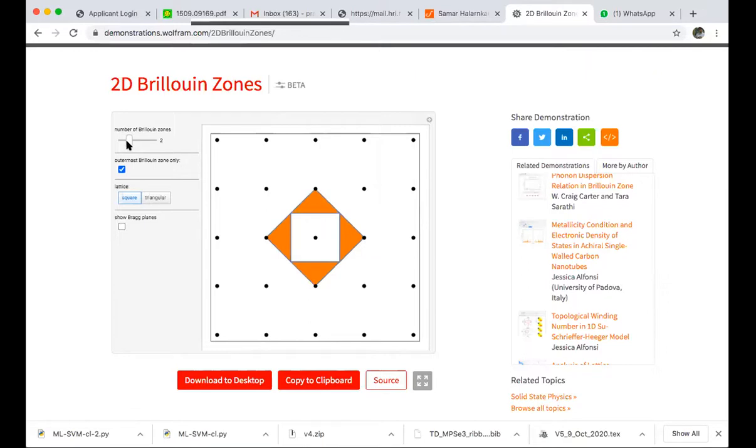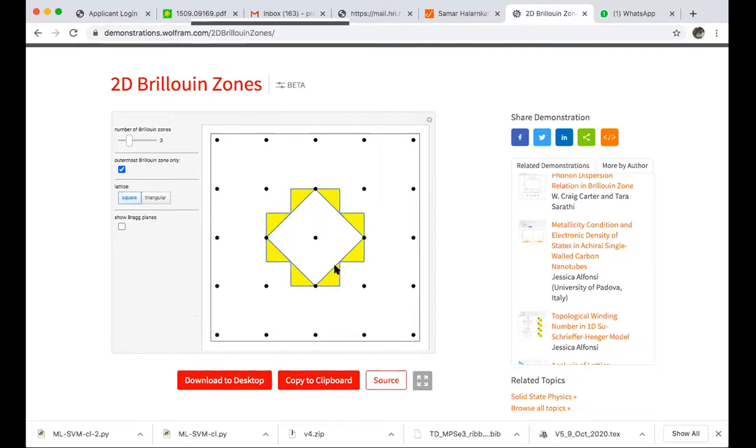And similarly, we can look at the third Brillouin zone. So it will come in a while. Yeah, here. So these are the pieces of the third Brillouin zone, and so on.